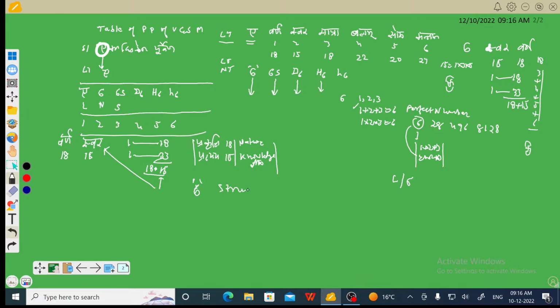This is the key, rather it is the master key. It is this master key in terms of which we have to unlock the entire mathematical domain.